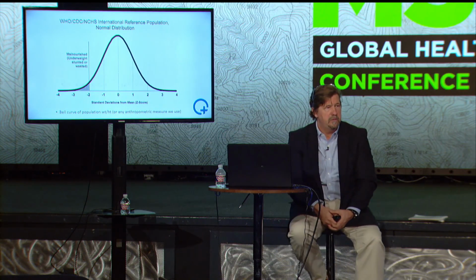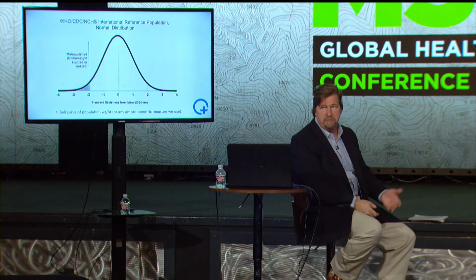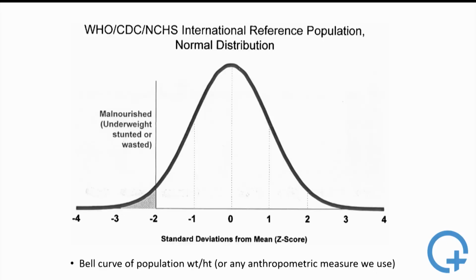So who's familiar with the Z-scores for kids with malnutrition? Anybody? Okay. Basically what we're saying is how many standard deviations from the mean is this kid. Here, they're on the upper end most of the time. There, they're on the lower end. So are they 1 or 2 standard deviations from the mean? That is what we're trying to assess when we graph these kids and assess where they're at.